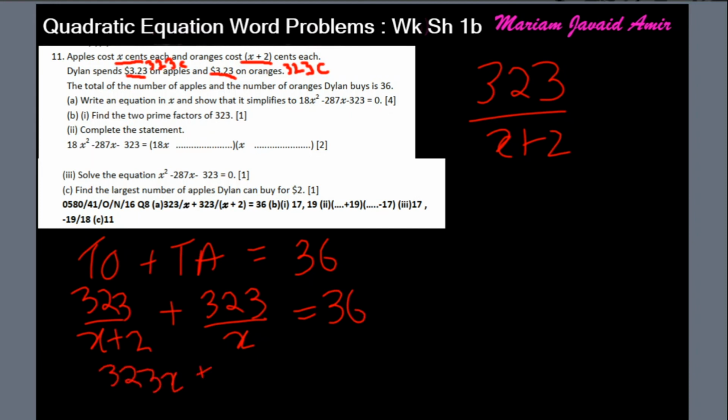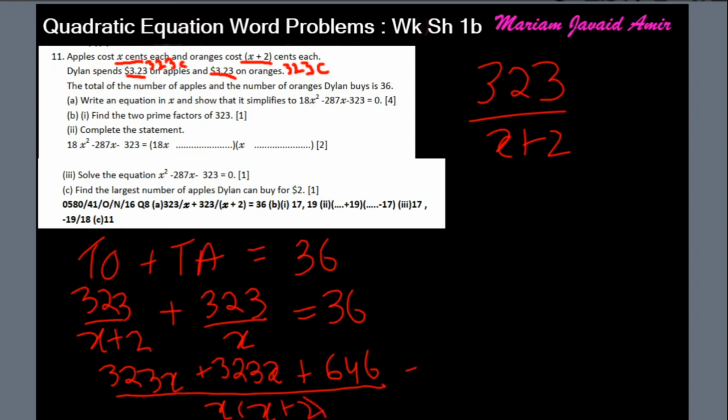323x plus 323x plus 646 over LCM is x times x plus 2 equals 36, and we add these and we get 646x, sorry, this was 646x.